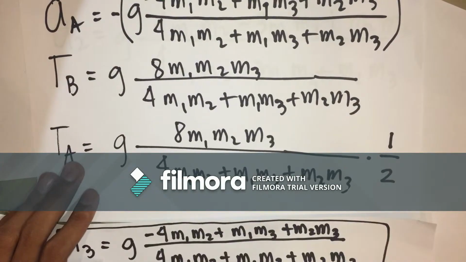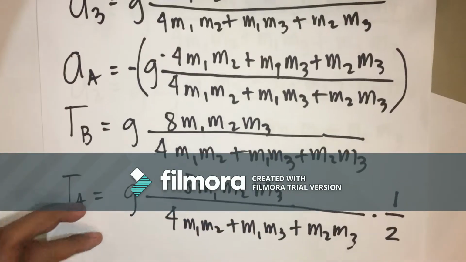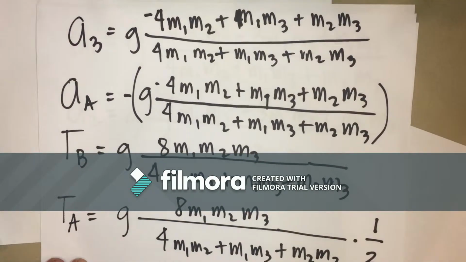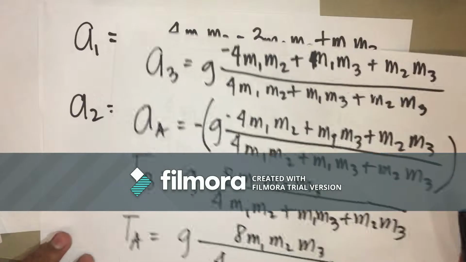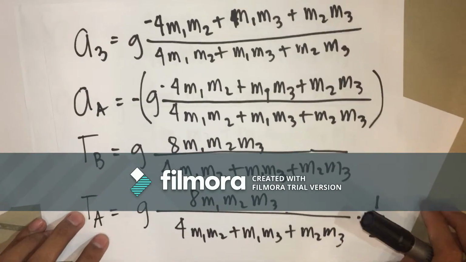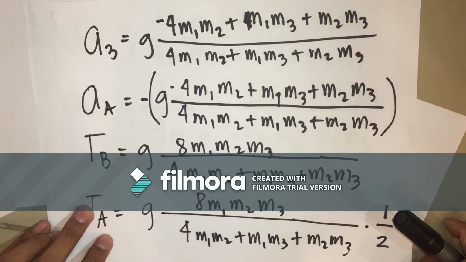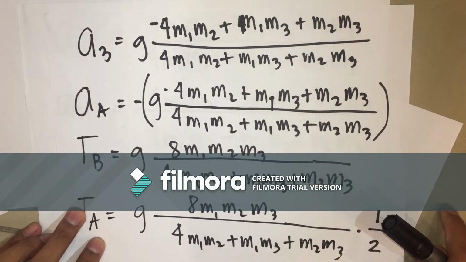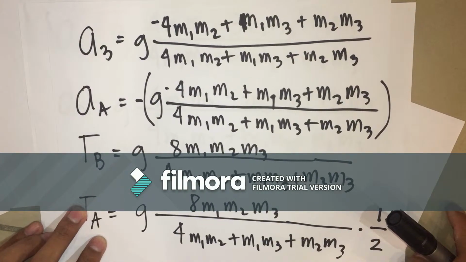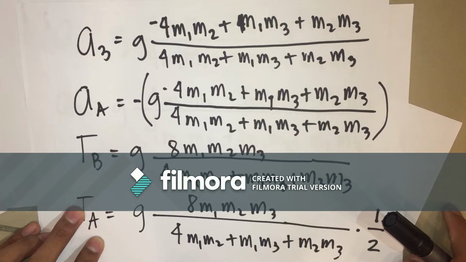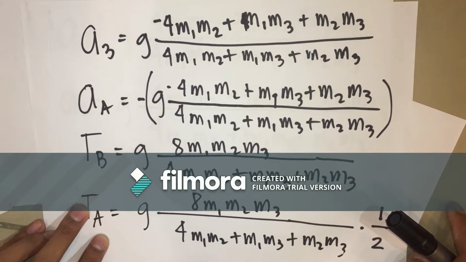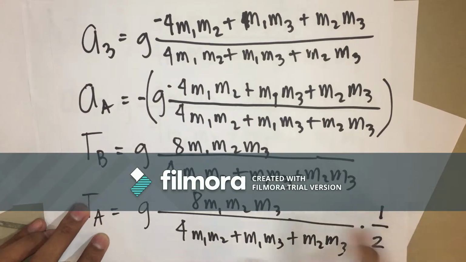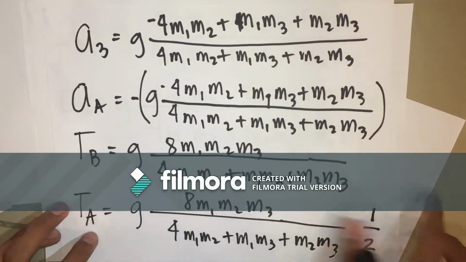So that's it. So here are the answers for all of our problems. A3, which is equal to G times negative 4 M1 M2 plus M1 M3 plus M2 M3 over 4 M1 M2 plus M1 M3 plus M2 M3, and so on and so forth.